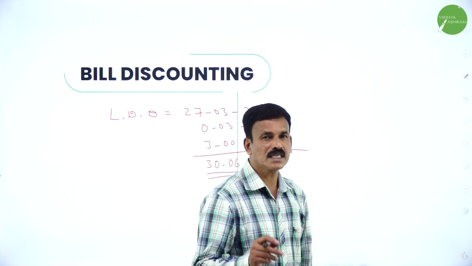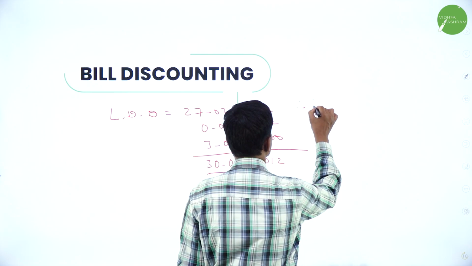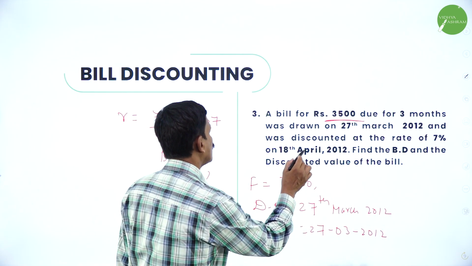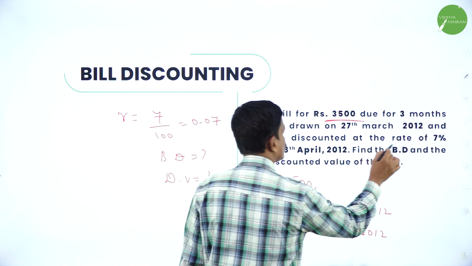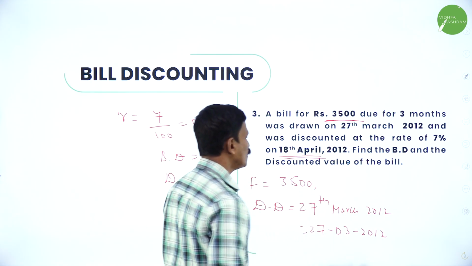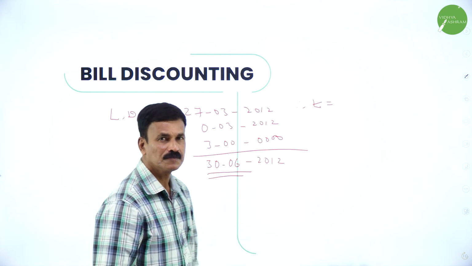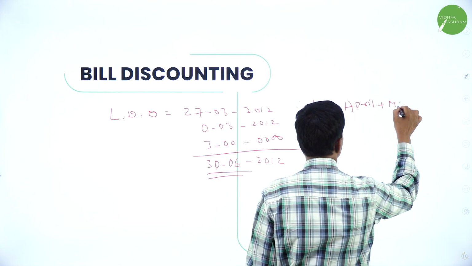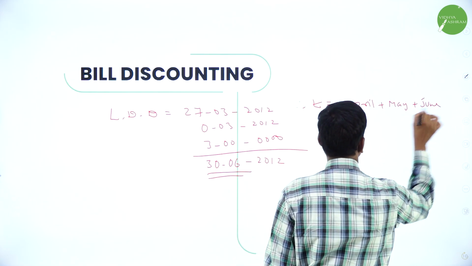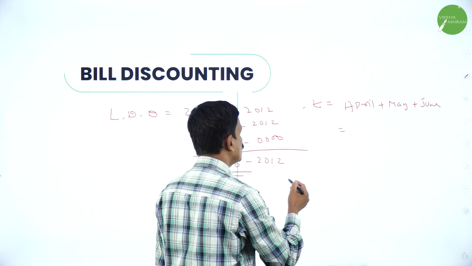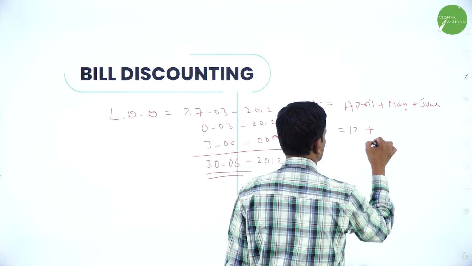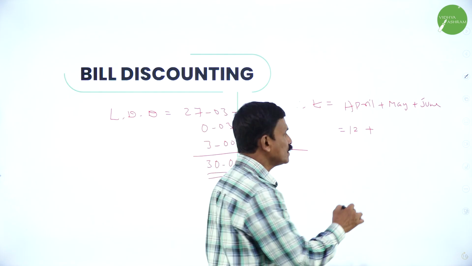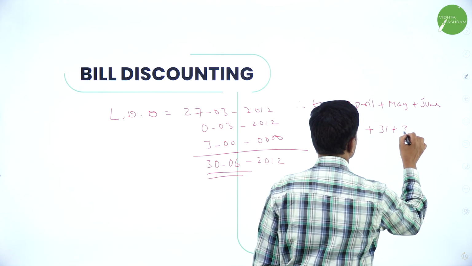Now just find out the time. So T is equal to, it was discounted at the rate of 7% on 18th April 2012. Discounted on 18th April means remaining 12 days of April plus 31 days of May plus 30 days of June.